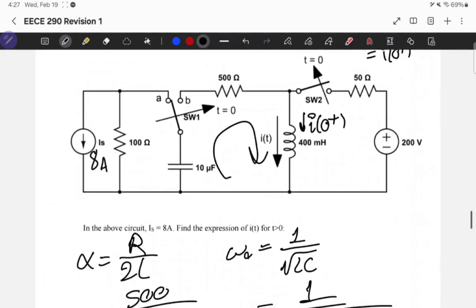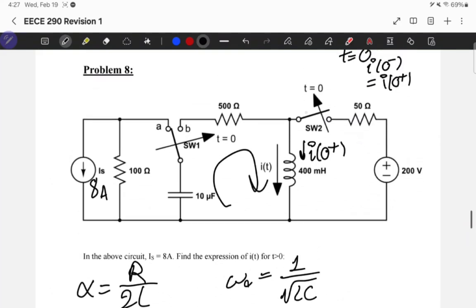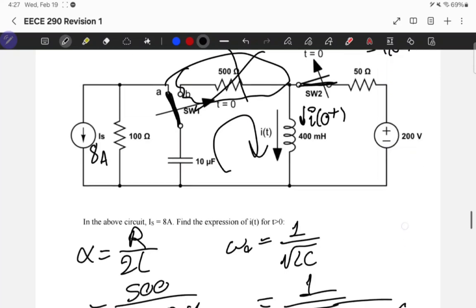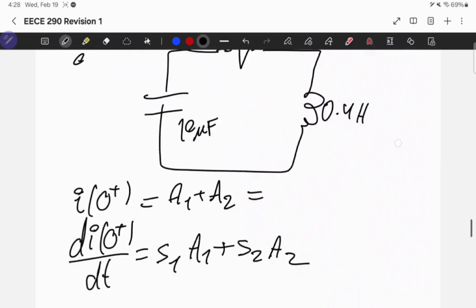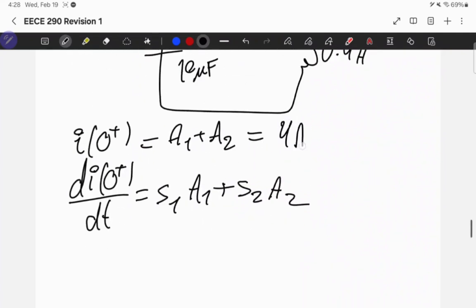Before switching, this switch is closed and this switch is open, so this resistor is cancelled. The current flowing is the source voltage 200 divided by 50, which is 4 amperes. So I put I at 0 plus equal to 4 amperes.